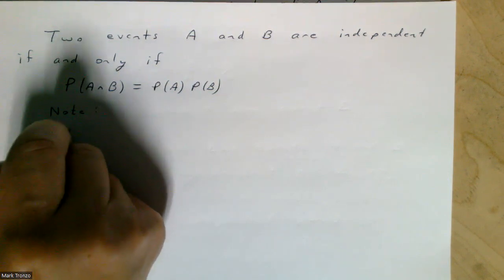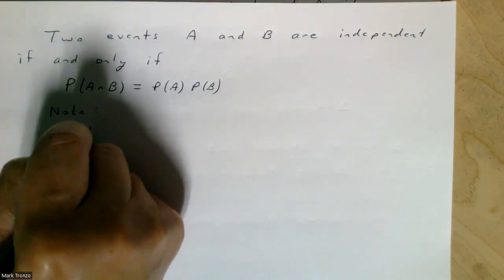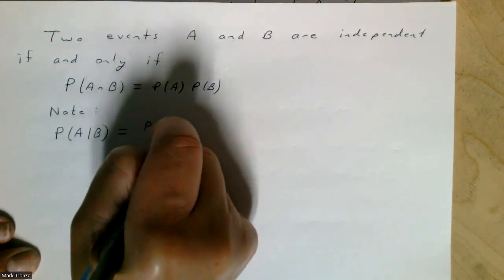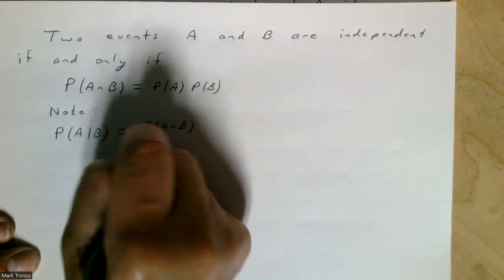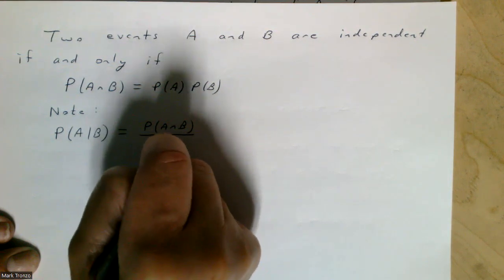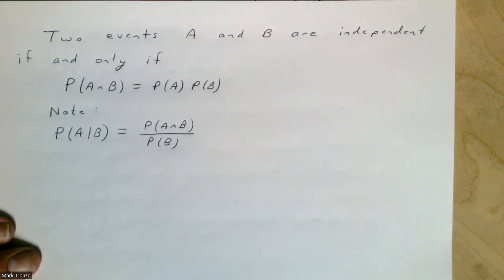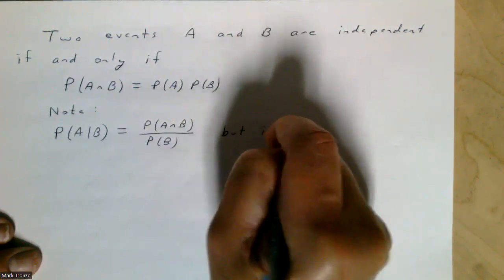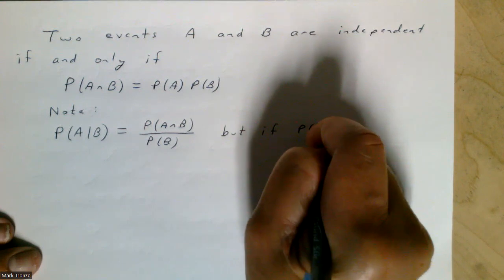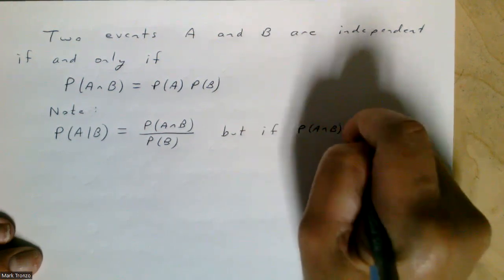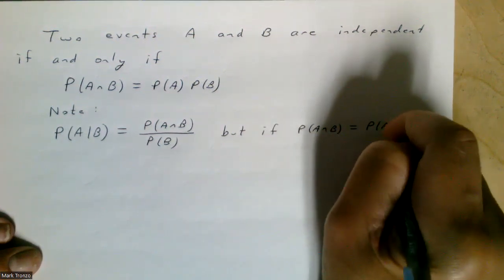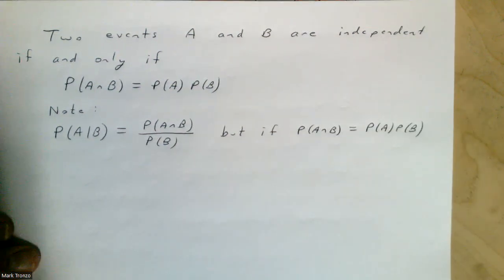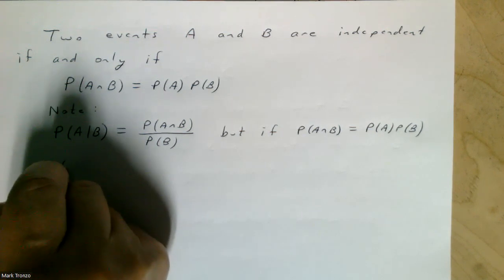Normally, remember, the probability of A given B is equal to the probability of A intersection B divided by the probability of B. Remember that was our basic formula. But if the probability of A intersection B is equal to the probability of A times the probability of B, then what does that mean?